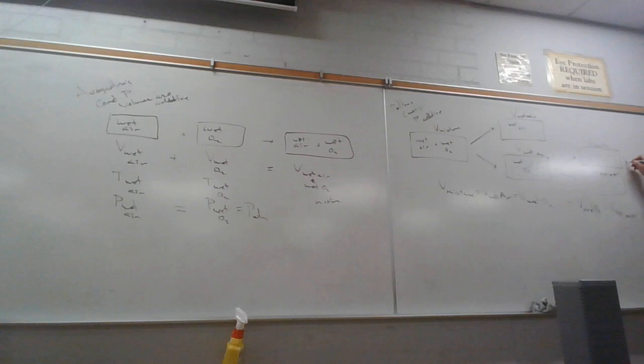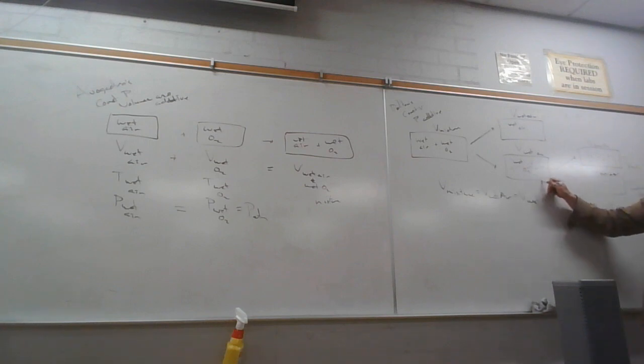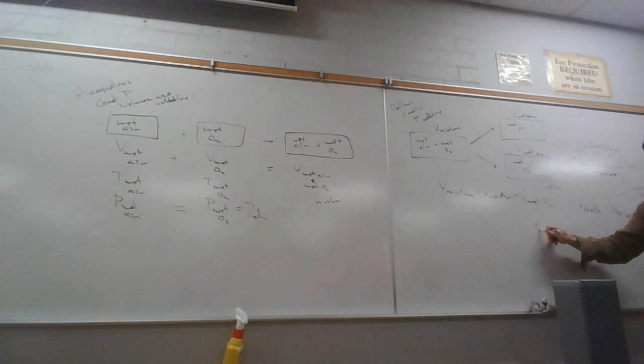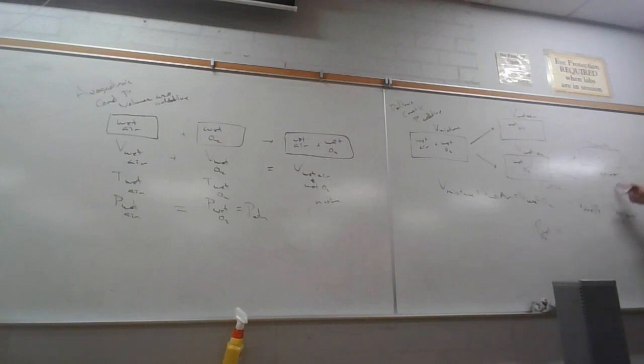And so now we're going to have the pressure of the dry O2 and the pressure of the water vapor. And so the pressure of the wet O2 over here is going to result in this. The pressure of the wet O2 is going to result in the combination of dry O2 and water vapor.